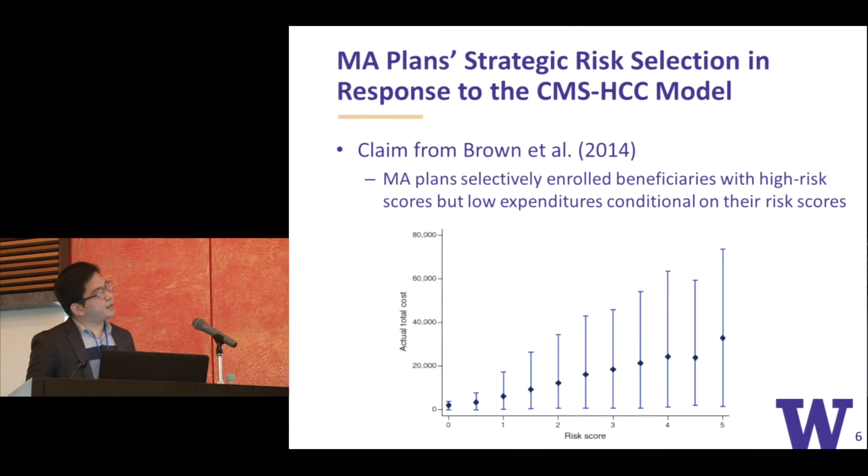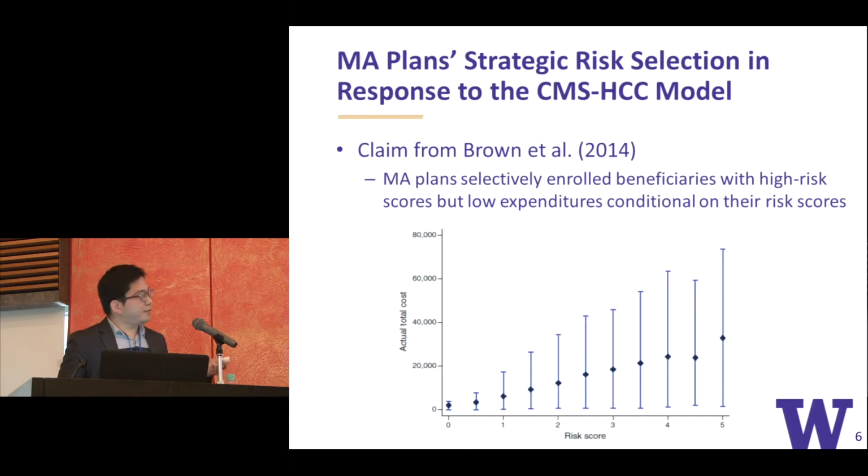Let me explain this figure first. A risk score measures each individual's health status, so higher means worse health condition. Each dot indicates the amount of money that MA plans received as a capitated payment for each risk score group, and the bar indicates the range of expenditure for each risk score group.